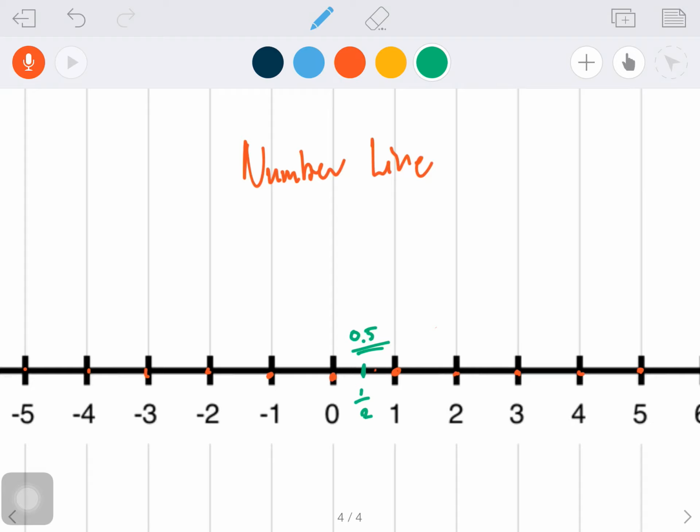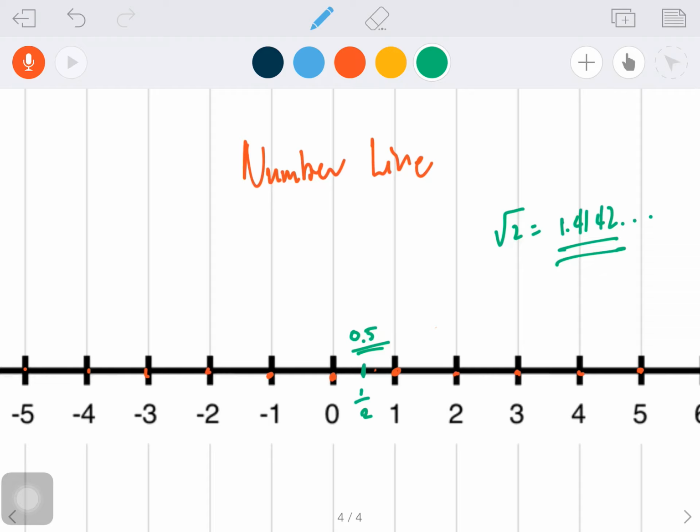And this is an example also of an irrational number. Square root of 2 is around 1.4142 and so on, which means that it's an irrational number. But I can approximate square root of 2 here in my number line.